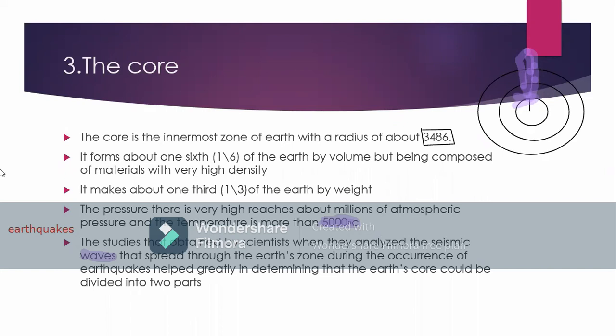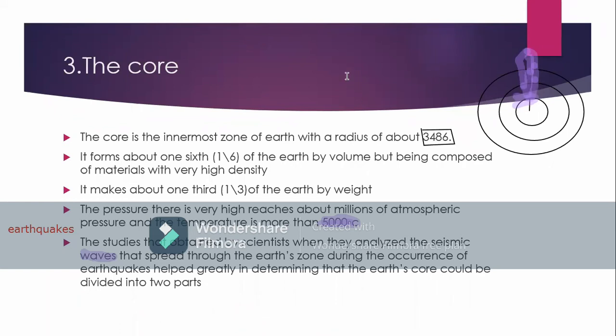So the waves which cause earthquakes are seismic waves that spread through the Earth's zones during the occurrence of earthquakes, and they help greatly in determining that the Earth's core can be divided into two parts.